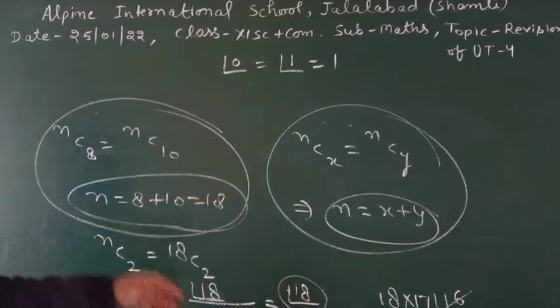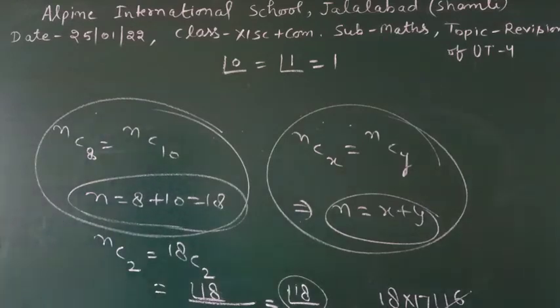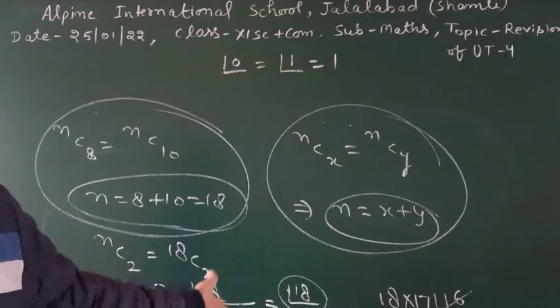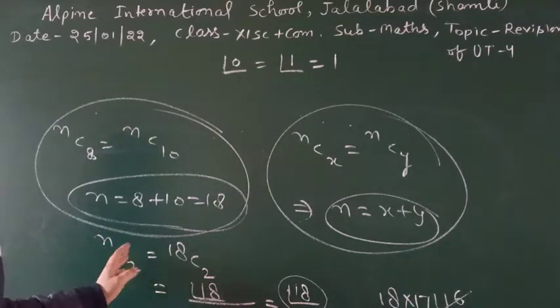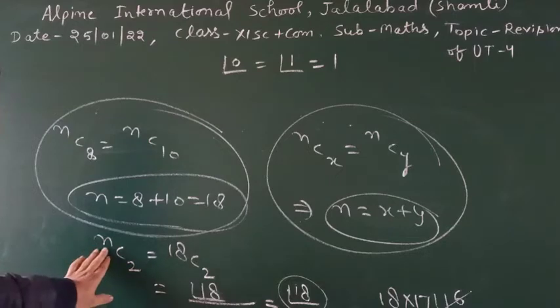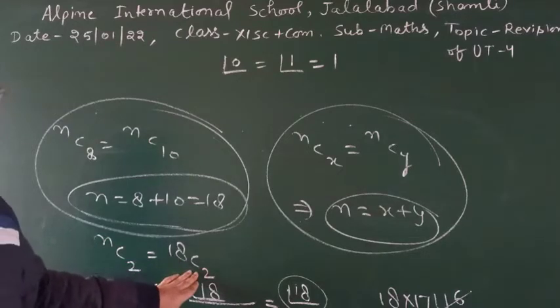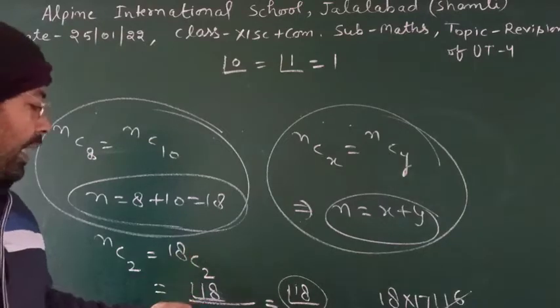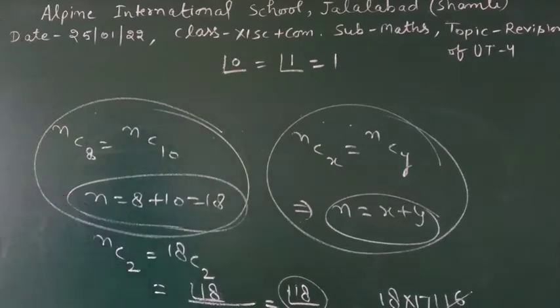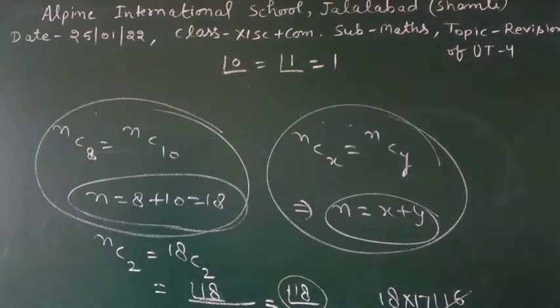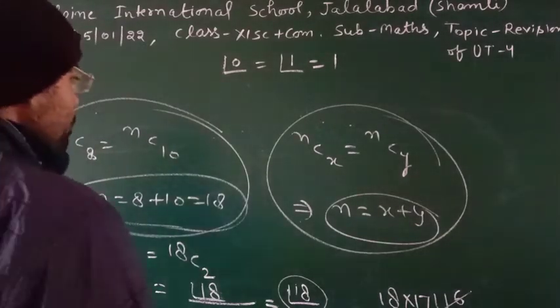And by finding the value of n, we can also find the value of nC2 or maybe another digit here, nC10, nC9. So put the value of n and we have 18C2. By using the formula of nCr, we can find the value of this in this way, and the result is this. So we have another problem.